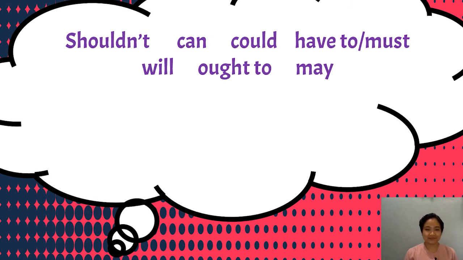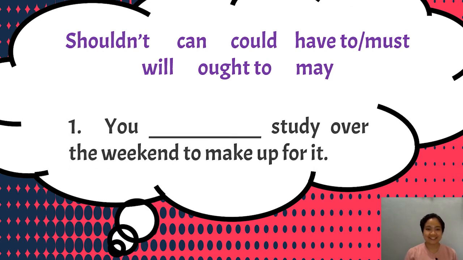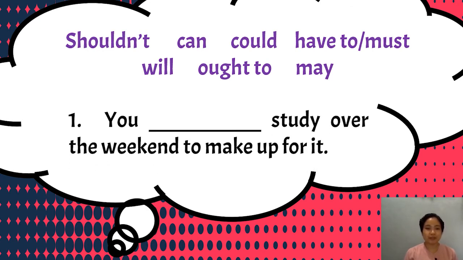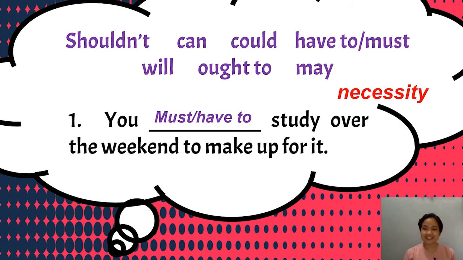Number 1. Same, you still have 5 seconds for every answer. You blank study over the weekend to make up for it. The answer is must or have to because it is a necessity.